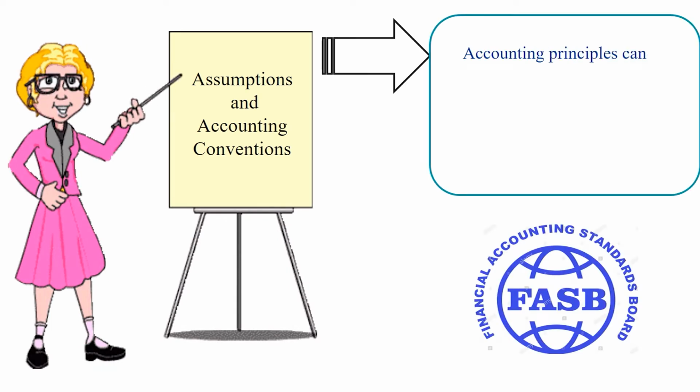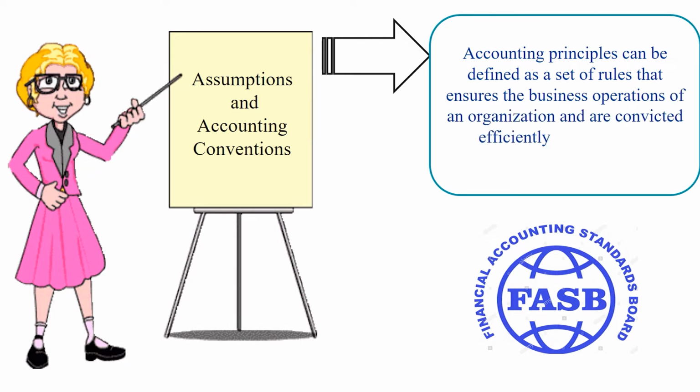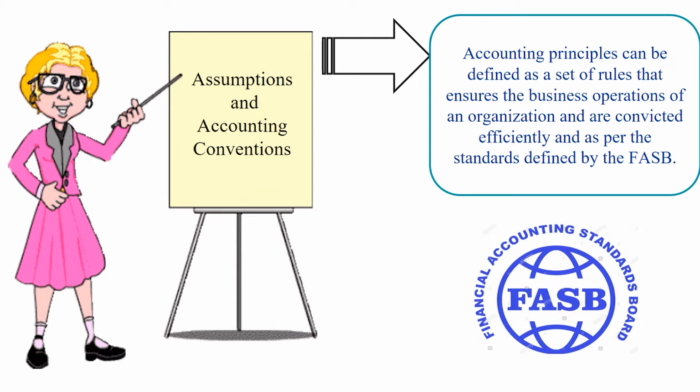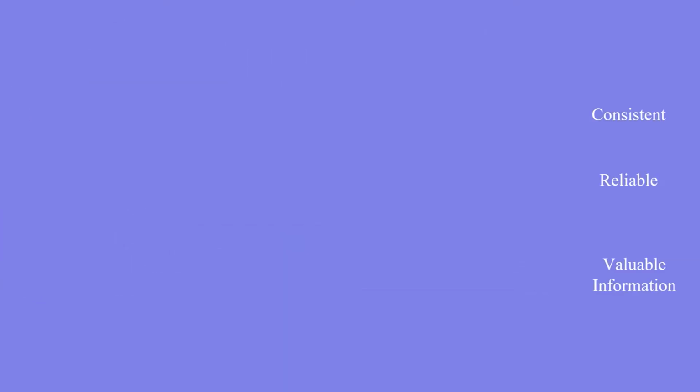Accounting assumptions can be defined as a set of rules that ensures the business operations of an organization are conducted efficiently and as per the standards defined by the FASB, which ultimately helps in laying the groundwork for consistent, reliable, and valuable information.